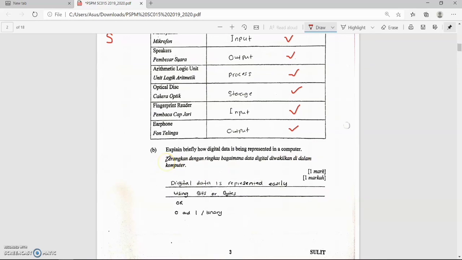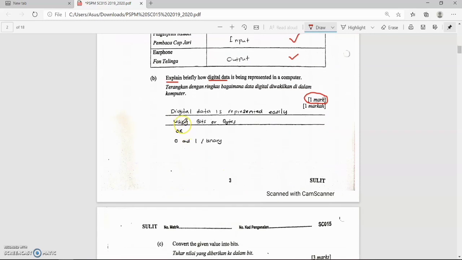Explain briefly how digital data is being represented in a computer. So the keyword explain, digital data is being represented in a computer. So 1 mark. Digital data is represented easily by using bits or bytes.